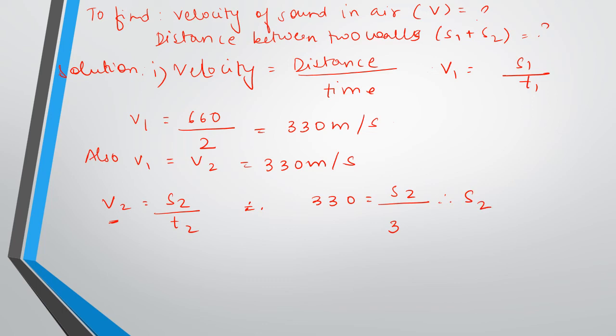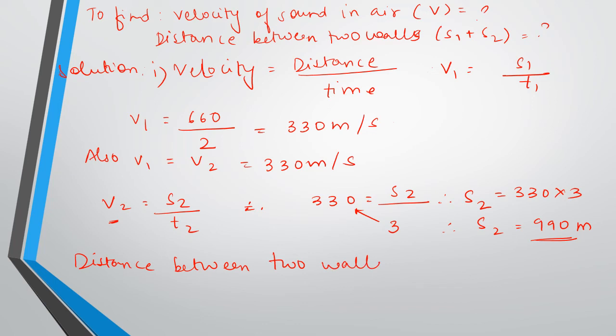Therefore S2 is equal to 330 into 3, therefore S2 is equal to 990 meters. So we know S1 as 660 meters and S2 as 990 meters. So the distance between two walls is equal to S1 plus S2, which is 990 plus 660, that goes to 1650 meters. Okay.